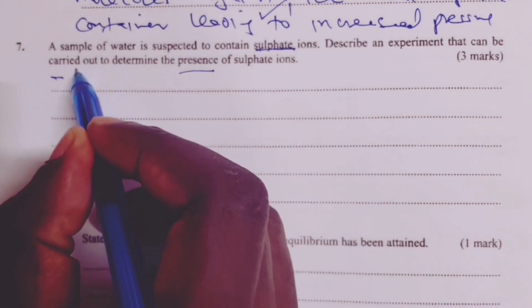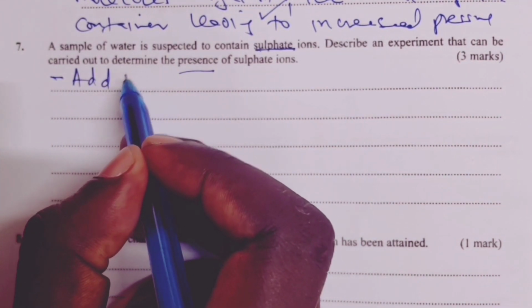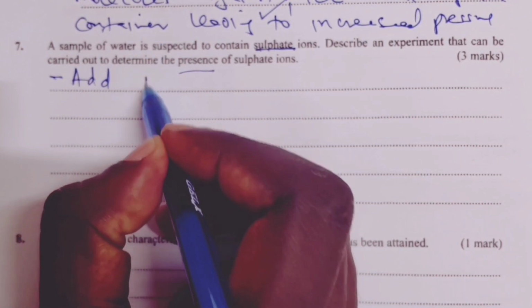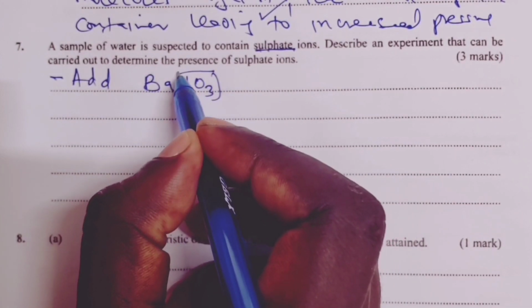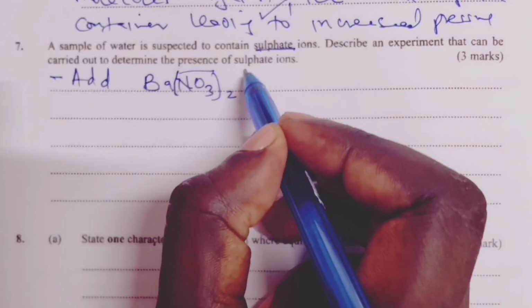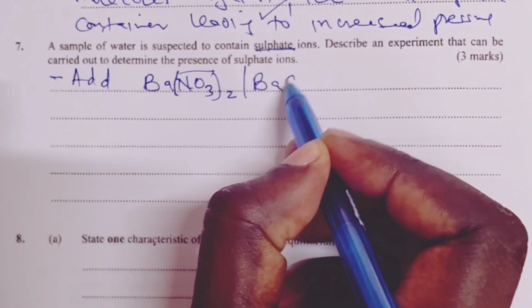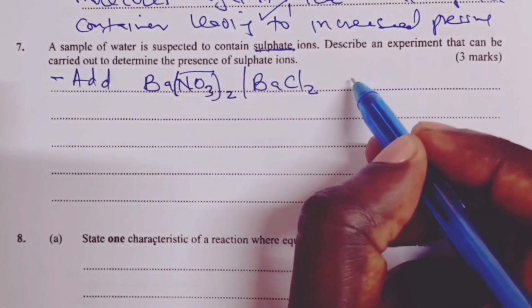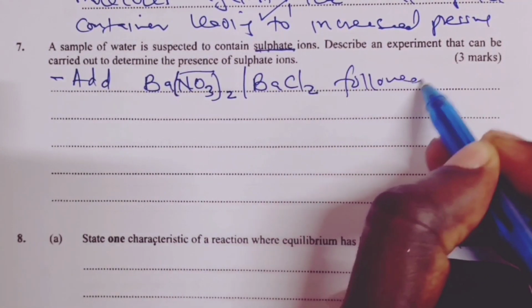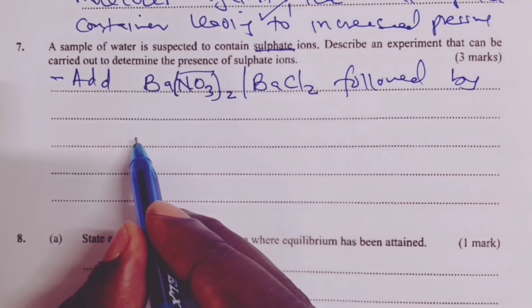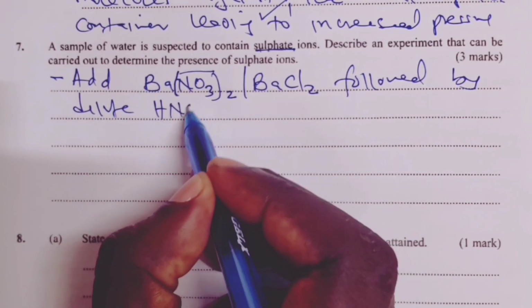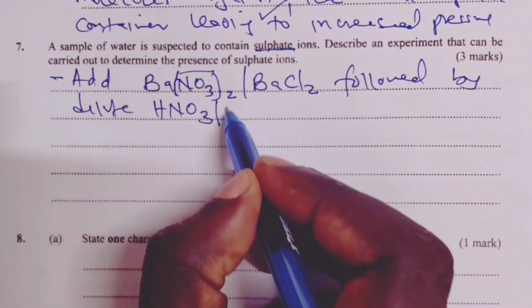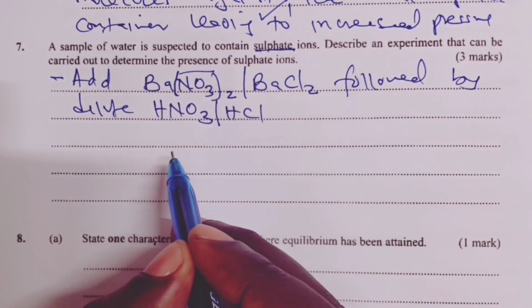So what we would do here to get the marks is to add barium nitrate. We can use barium nitrate, or a candidate would go for barium chloride. Then followed by dilute nitric acid, or we can use hydrochloric acid.